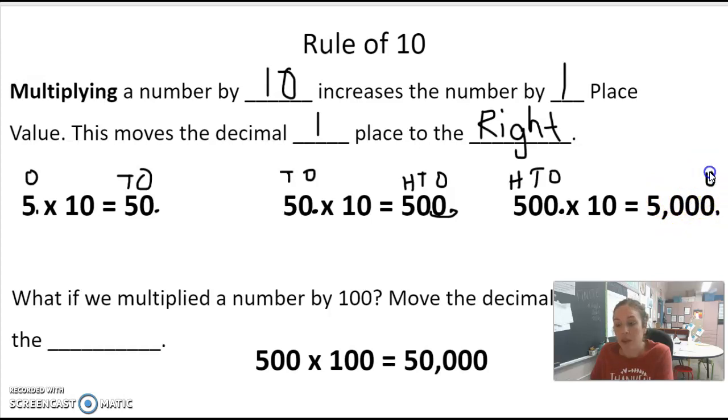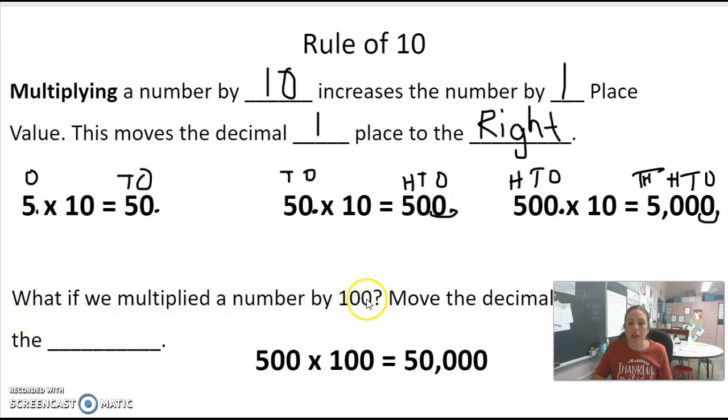I have 0 ones, 0 tens, 0 hundreds, and my 5 is now where? In the thousands. So it moved from the hundreds up to the thousands. And look at my decimal. It was right here. It moved one place over to the right.